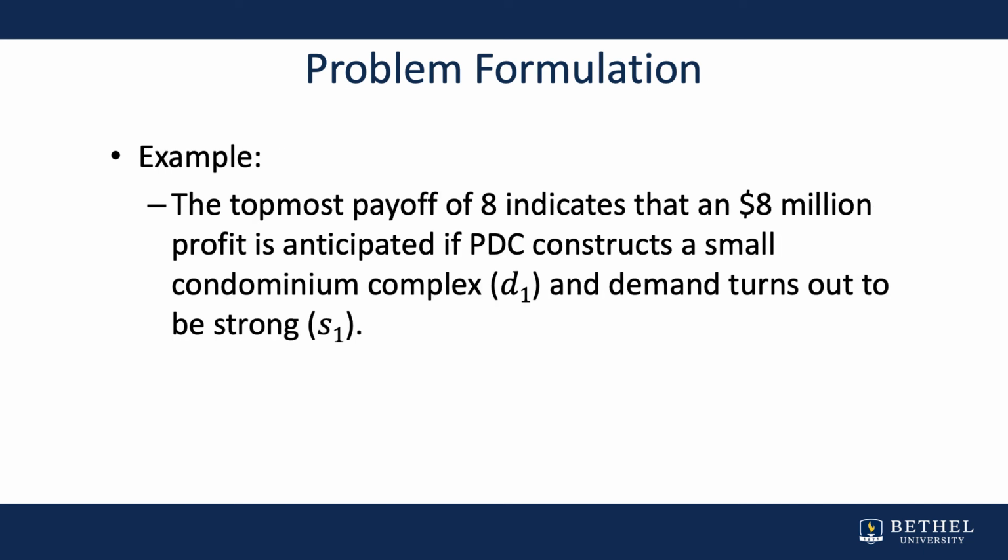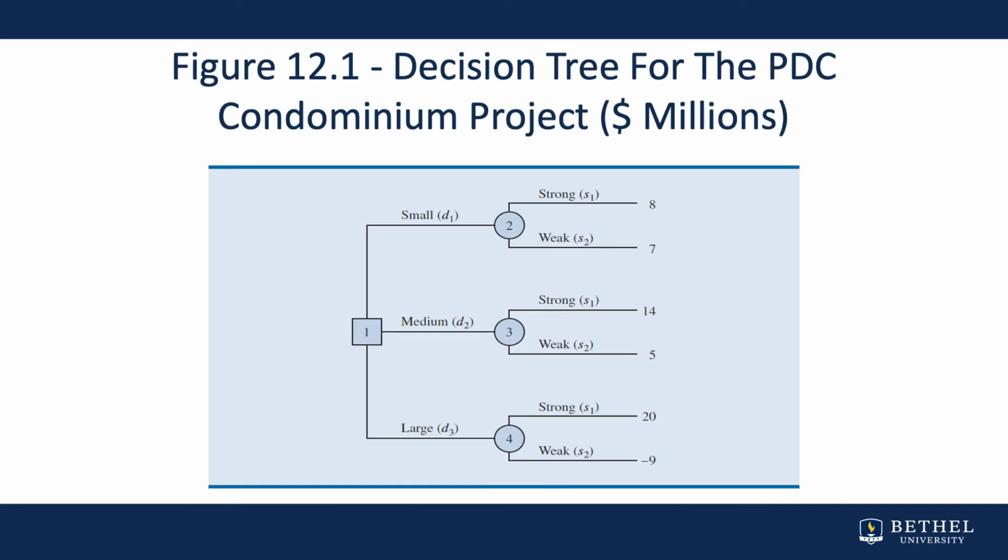For example, the topmost payoff of 8 indicates that an $8 million profit is anticipated if PDC constructs a small condominium complex, D1, and demand turns out to be strong. In Figure 12.1, we see an example of a decision tree. As you look at this figure, you see the 3 decision alternatives, small, medium, and large, to the left.